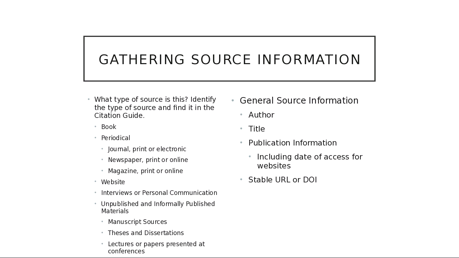Whenever you're doing your writing, you want to know this basic source information. This is the foundation of your citation: the author, the title, and the publication information, including the date you accessed something on the internet. So always make sure you have this information for any source that you're working with.